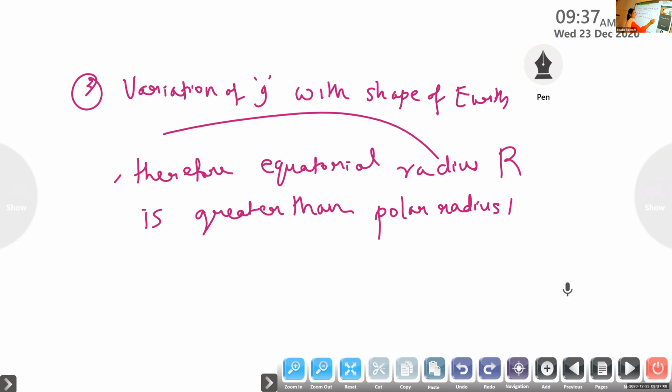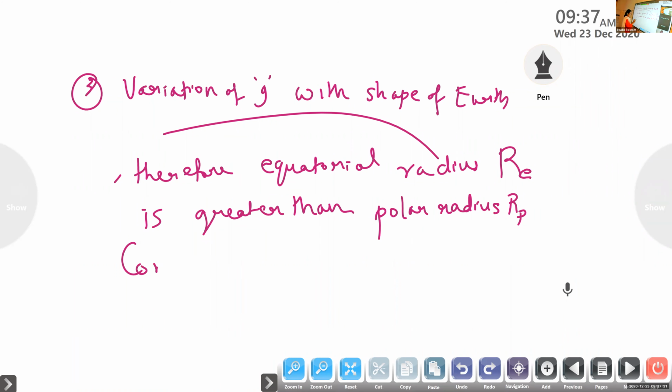Polar radius we can just write as RP, and equatorial radius as RE, so that you will be able to understand. Equatorial radius RE is greater than polar radius RP.